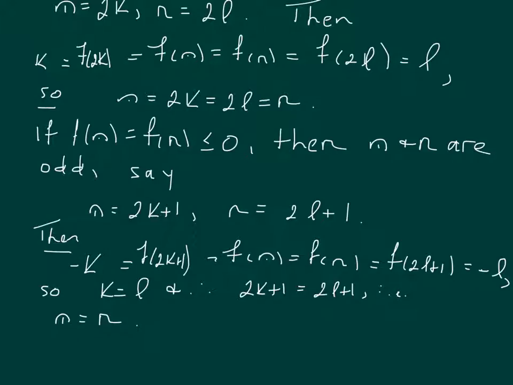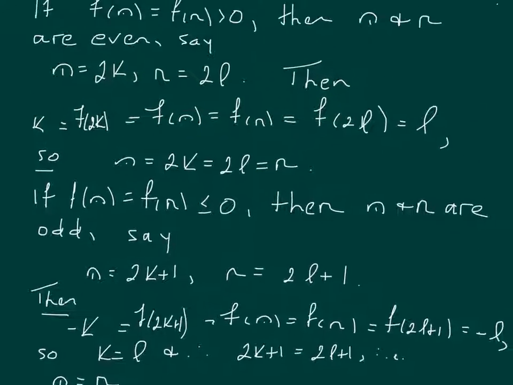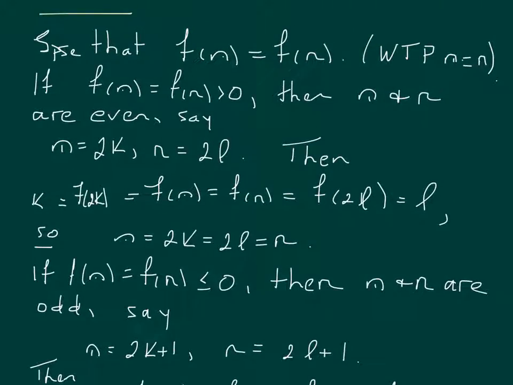All right, so in this case as well, if f of m is f of n and this common value is less than or equal to 0, again we got that m is equal to n. So in particular then, in any case, if f of m is f of n, we've shown that m is equal to n. This shows that f is 1 to 1.